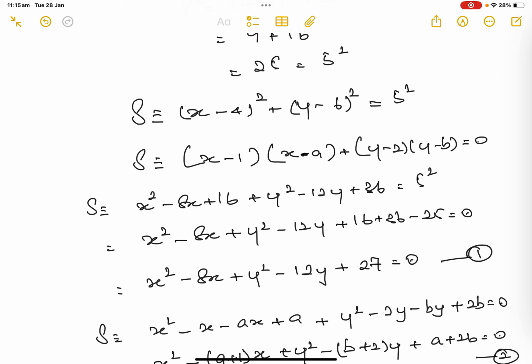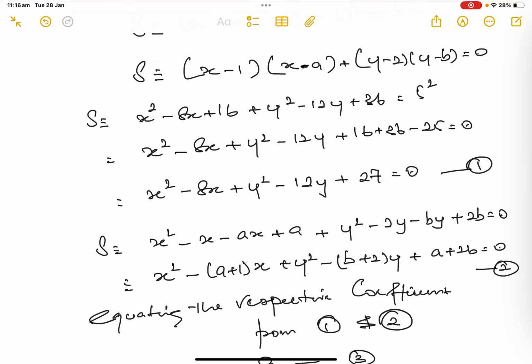And (y − 6)² is y² − 12y + 36, equal to 5². Rearranging everything, x² − 8x, y² − 12y, and add the numbers, 16 plus 36 minus 25, bringing the 25 to the left-hand side. So 16 plus 36 is 52, minus 25 is 27.